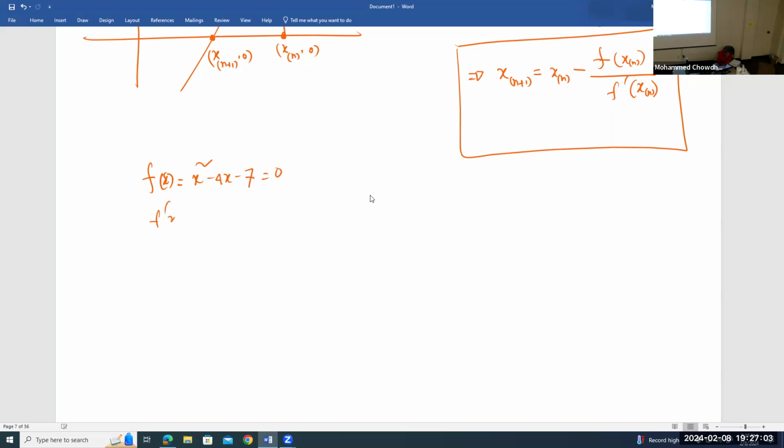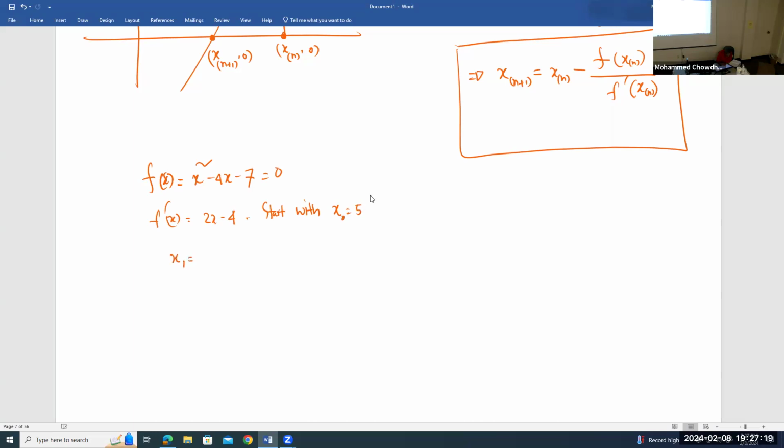We differentiate this and end up with twice x minus 4. Now start with x0 equal to 5.